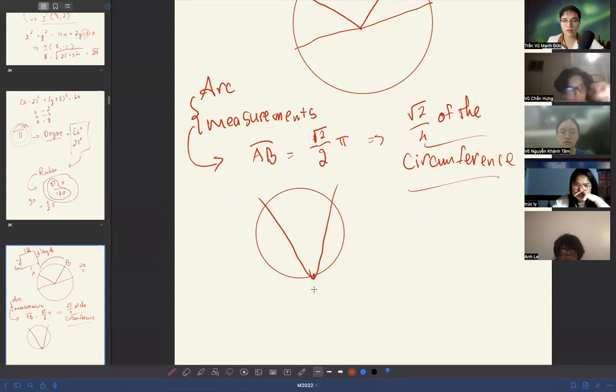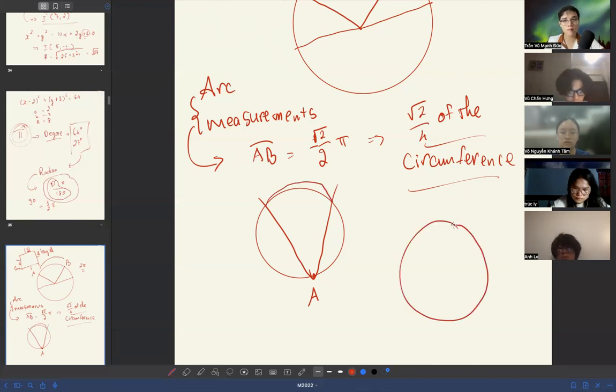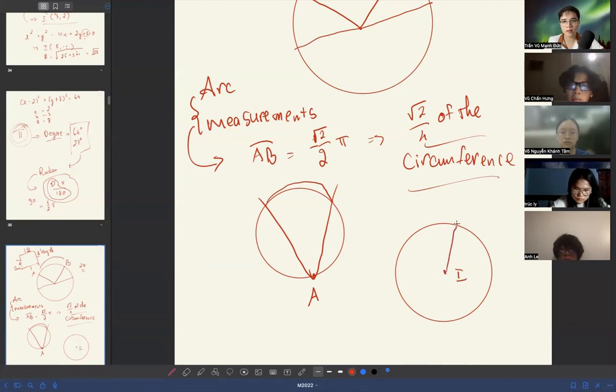Let's say an originating point is A, and you draw two lines crossing that A, and you have this intersecting arc. And the center arc originates from the center point, I, or O, depending on the test givers, depending on the author. I say I.